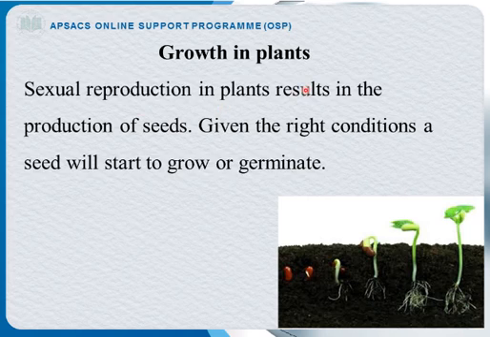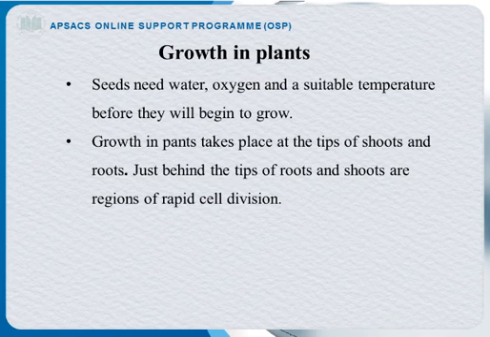Sexual reproduction in plants results in the production of seeds. Given the right conditions, a seed will start to grow or germinate. Look at this picture, how a seed is growing or germinating. Seeds need water, oxygen, and a suitable temperature before they will begin to grow.